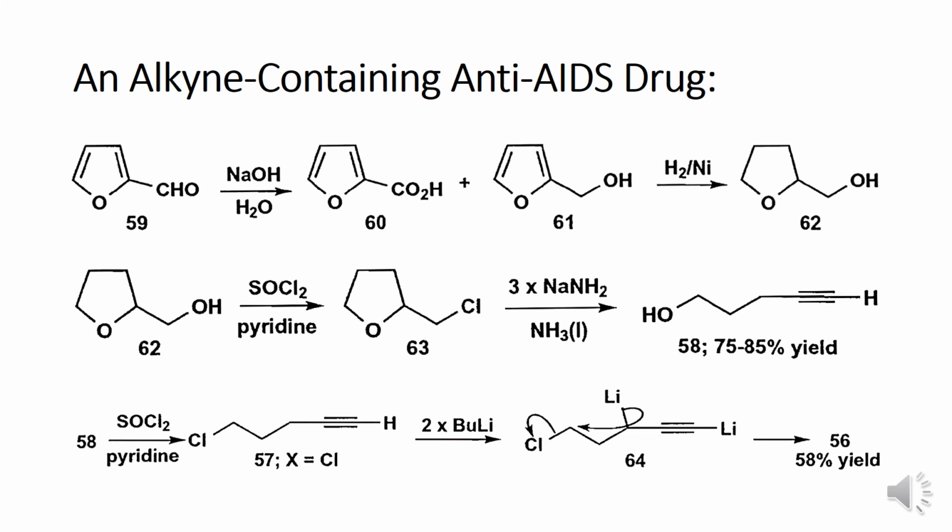The treatment of furfural with aqueous NaOH disproportionates the aldehyde into equal amounts of acid, structure 60, and alcohol, structure 61. No doubt sodium borohydride would do the job better. Catalytic reduction gives the saturated alcohol, structure 62, in 85% yield.